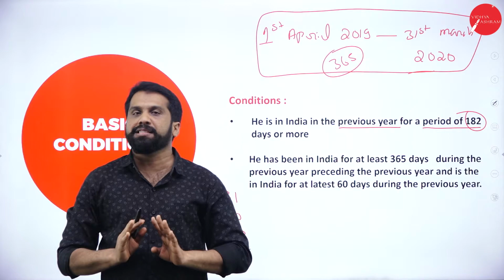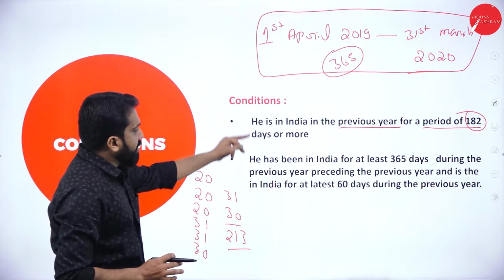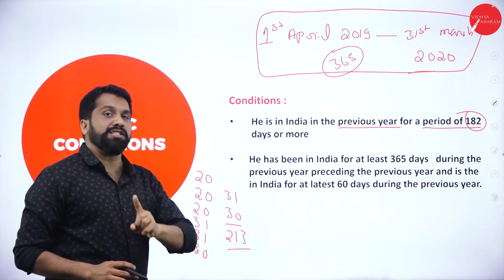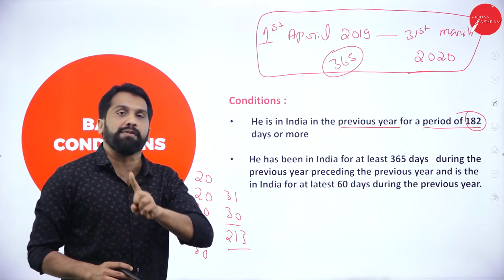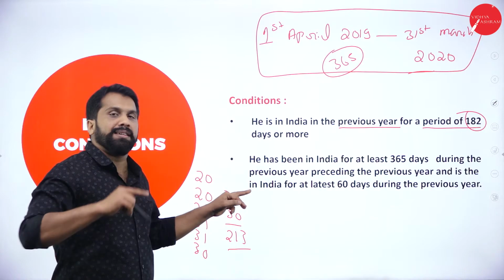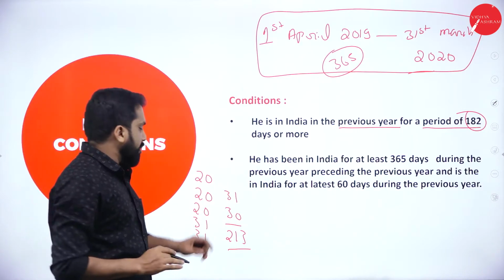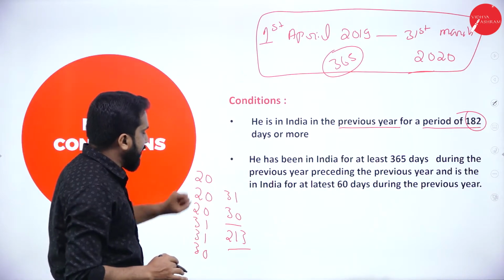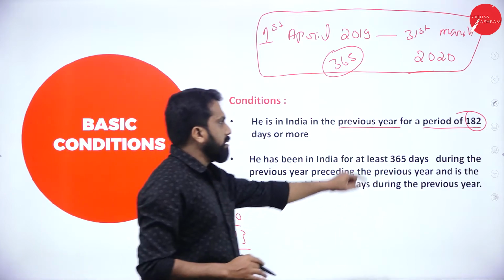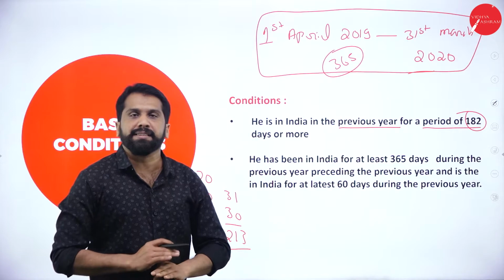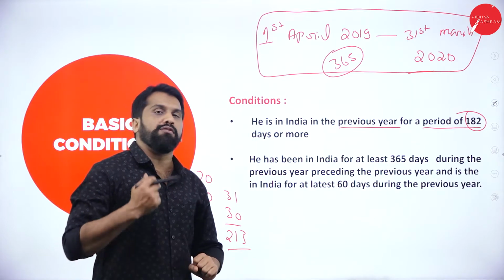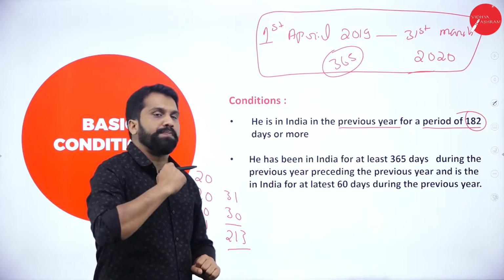Clear? Very simple. Out of these two conditions, he must fulfill any one. If he fulfilled any one, he is called a resident. Clear? So, as per this example, he fulfilled the first condition, so he is called a resident. Clear? Yes. We'll go for example number 2.